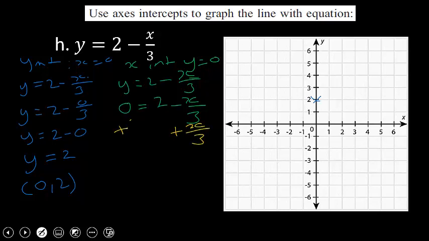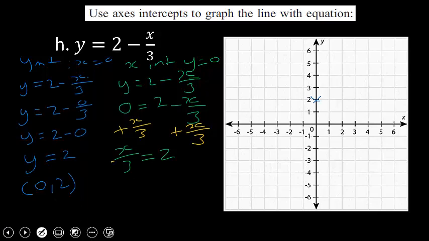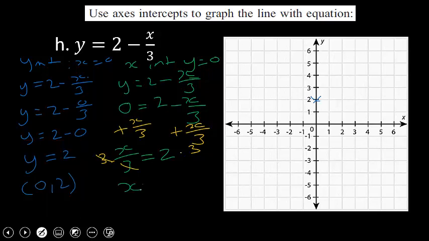So plus x over 3 on both sides. X over 3 equals 2. Get rid of the 3, multiply by 3 on both sides, so this and this cancels out. X equals 2 times 3 is 6. So my coordinate is 6, 0. That's that one there. So my graph looks like that.